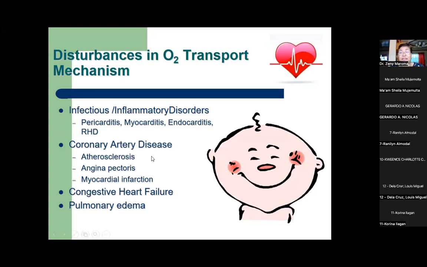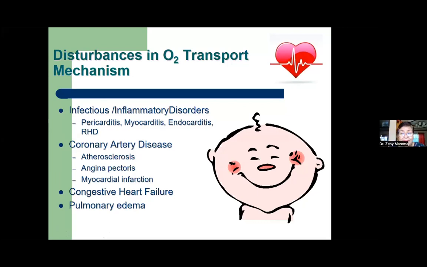So, the first, we have here infectious inflammatory disorders, wherein the suffix for inflammation is itis, like pericarditis, myocarditis, endocarditis, pancarditis. Now, what is the difference between infectious and inflammatory? When we say infectious, the cause of inflammation is the microorganism.